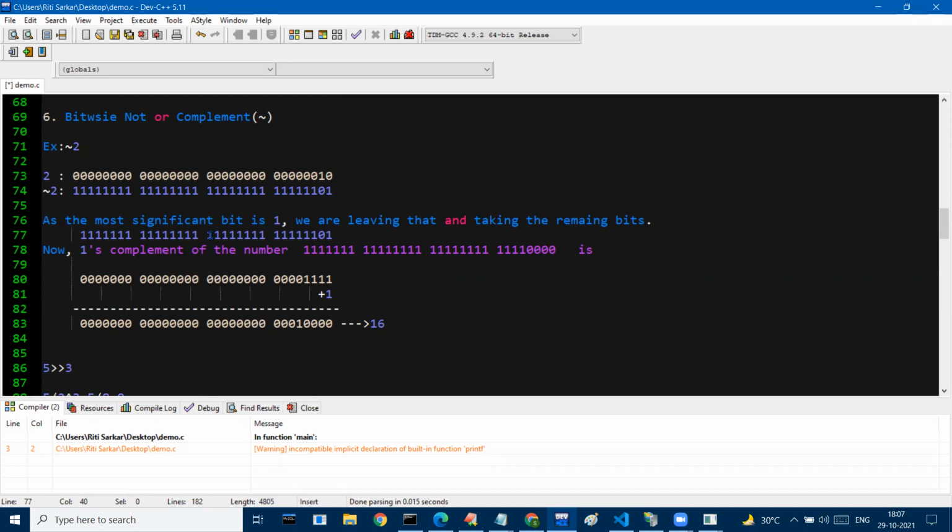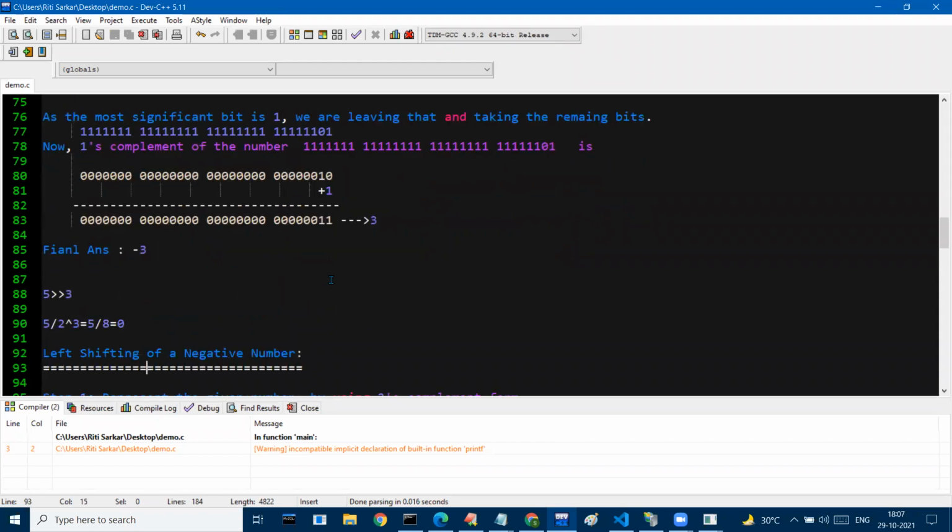Once we complement the number, this is all 0, lastly 1 0. 1 0 plus 1, what is that? 1 1. What is that? 3. But is 3 the answer? No. The final answer is -3.